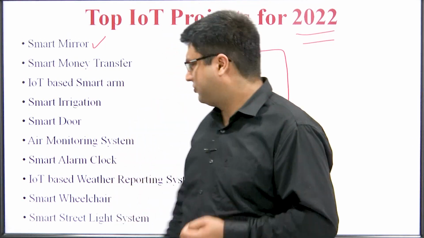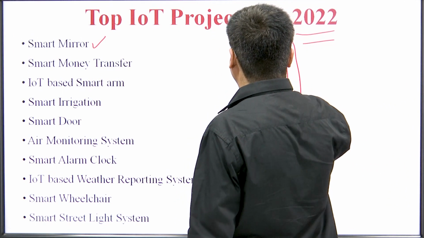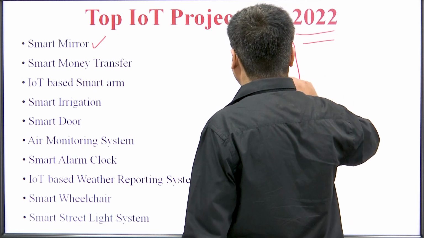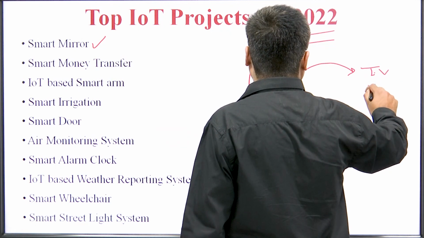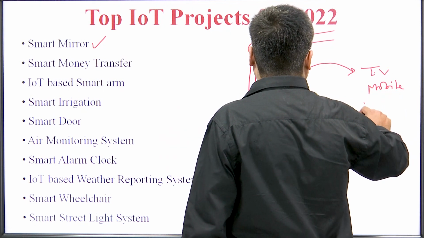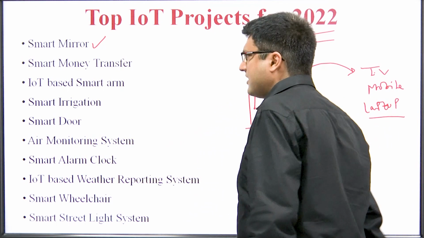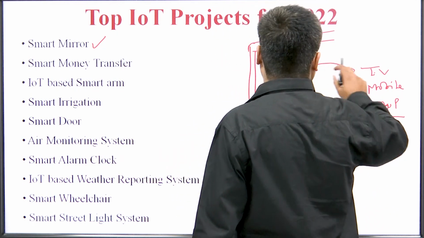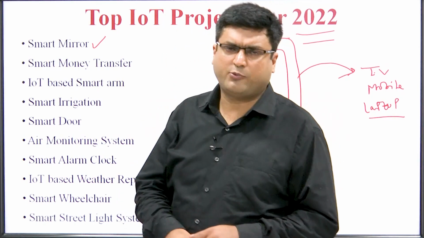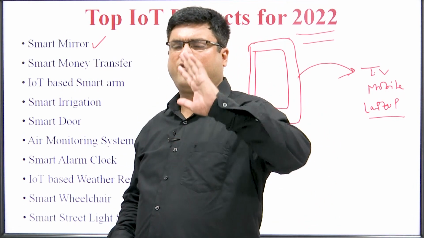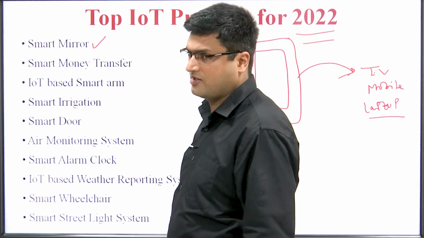How does it work? You create the smart mirror and frame it, and you can connect your smart mirror to the TV set, to the mobile, to the laptop. You can also connect through Bluetooth as well. Your smart mirror can be connected through Bluetooth to the devices, and whatever activities you are doing on your TV or laptop or mobile can be reflected on the smart mirror. So, with a smart mirror you can access the information on a bigger screen.